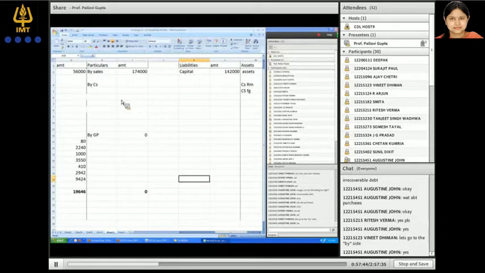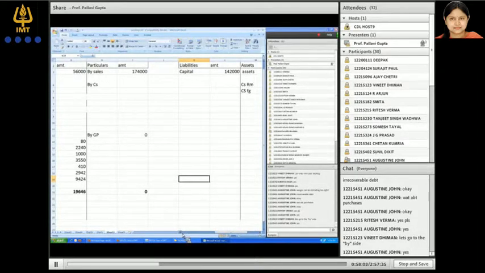So you have to pass a proper journal entry and you have to give effect to both the aspects in your final accounts. So the journal entry for closing stock would be closing stock debit to trading account.